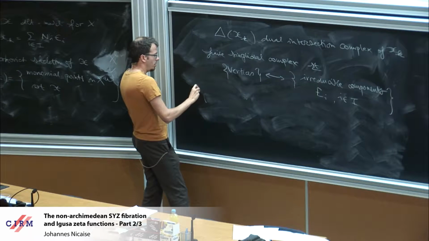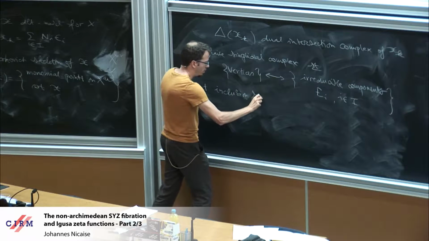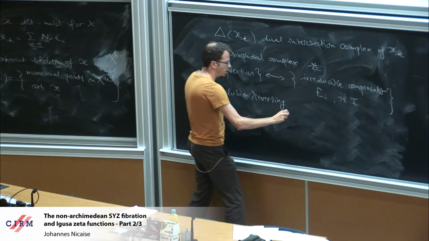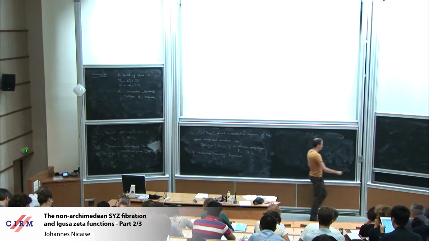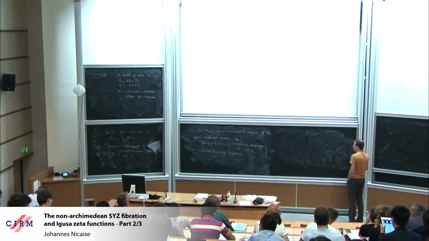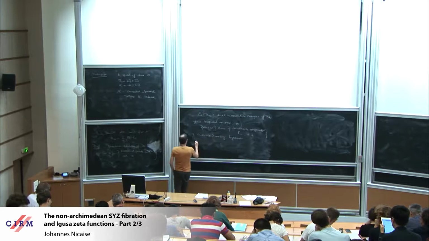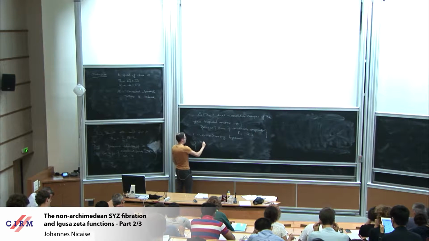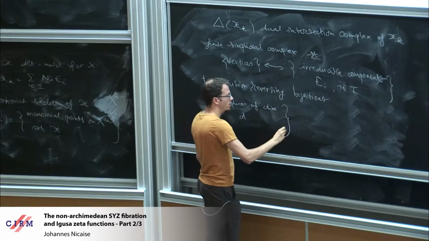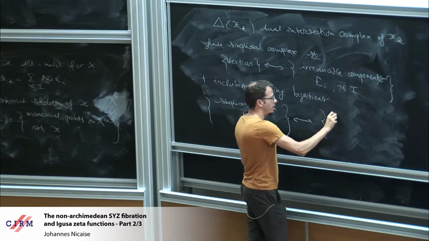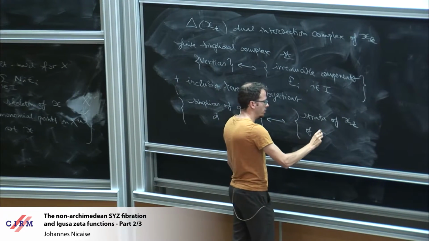So there is an inclusion reversing bijection between simplices of dimension d and strata of the special fiber of codimension d.